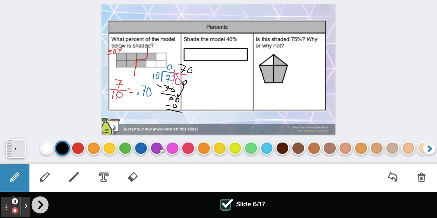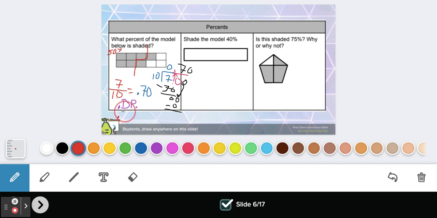Now I'm going to show you my cool trick that I love to use, which is Dr. Pepper, which is my favorite drink. Dr. Pepper means decimal to percent. All decimals have a decimal point right here, and percents have theirs at the very end. So I'm going to match my decimals.